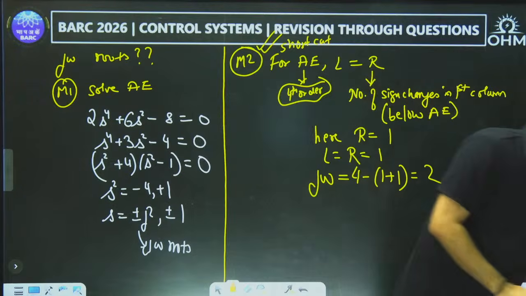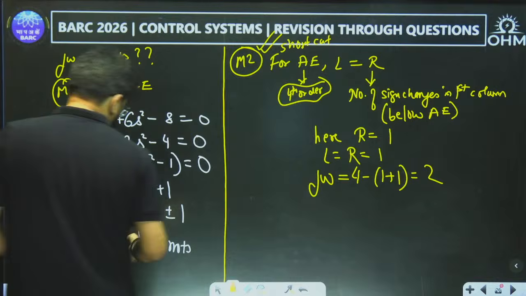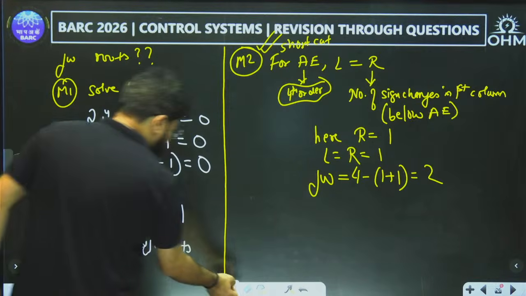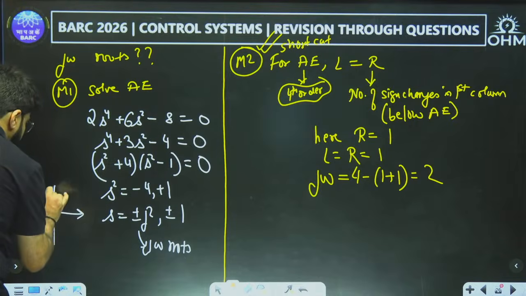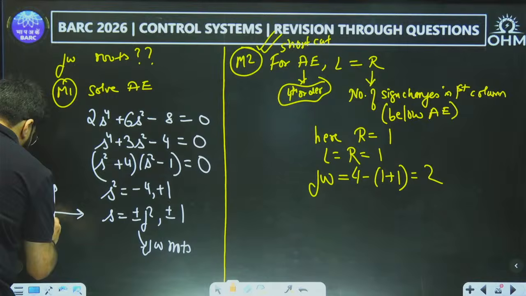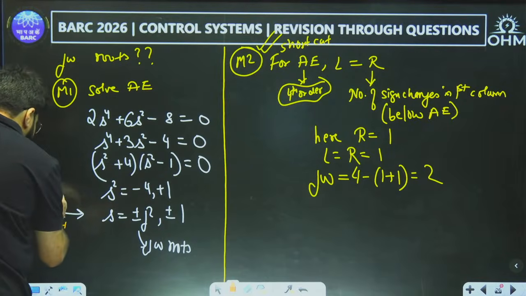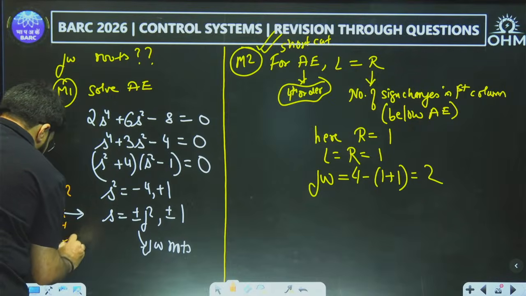But even when I solved it, what did I show you? I'll just draw this. What I have got here: s equal to plus minus 1, this is one condition of roots. Minus 1 and plus 1, and plus minus j2, that is plus j2 and minus j2.